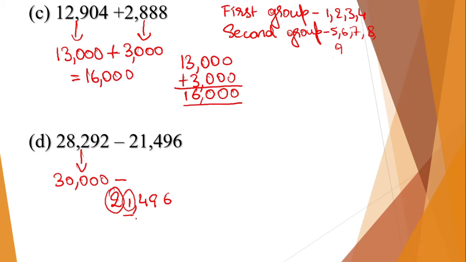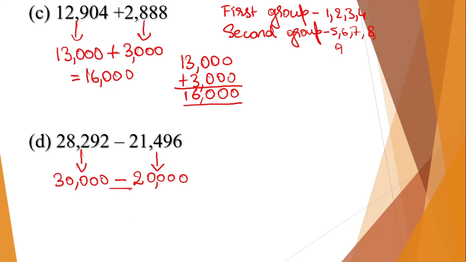So 2 will become as it is because 1 is in the first group. So we will not do any changes. So 2 will become 2 only, right? But 1496 will become zeros. So we will get 20,000. So 21,496 round off to nearest 10,000 will give us 20,000.